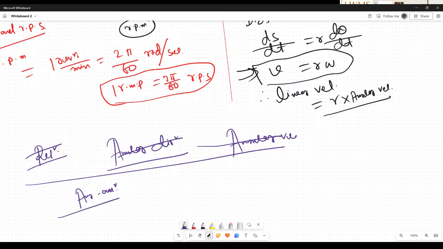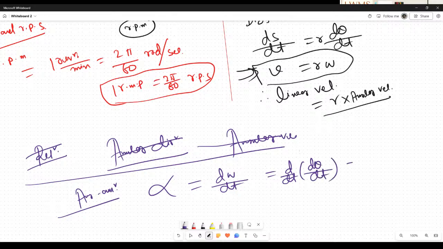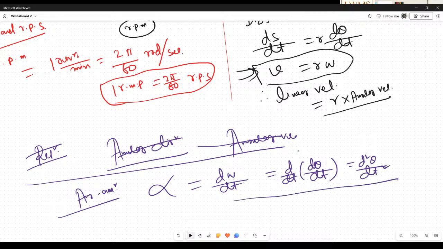Angular acceleration is alpha. This is equal to rate of change of angular velocity, that is d omega by dt, or d dt of d theta by dt, d square theta by dt square. Clear? So alpha is d omega by dt or d square theta by dt square.